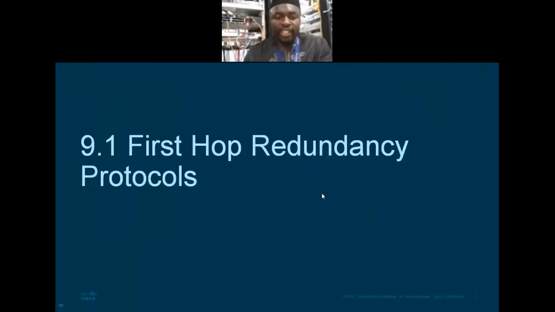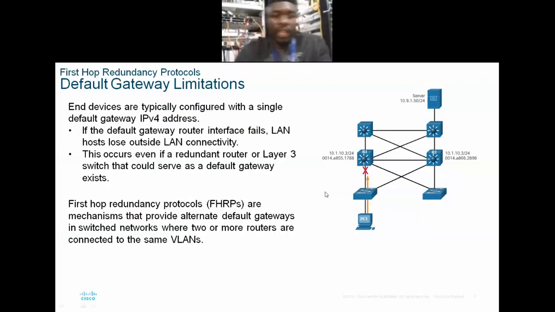End devices are typically configured with a single default gateway. If I have my computer and I check my IP address, I get a default gateway. The default gateway is that single point where all my traffic goes out when leaving my local network.